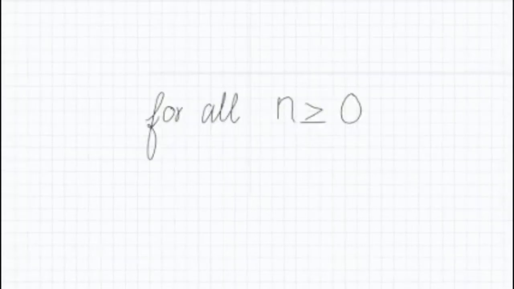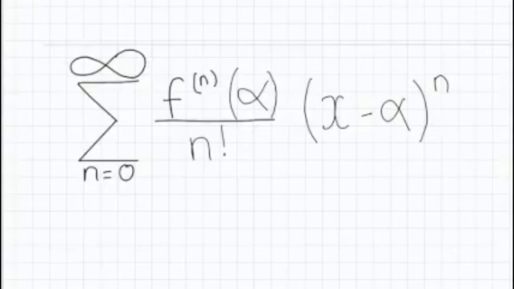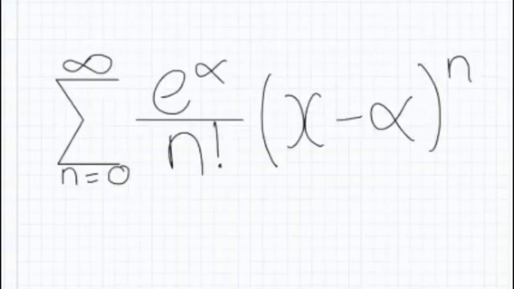If we take our Taylor series formula, the sum from n equals 0 to infinity of the nth derivative at alpha over n factorial times x minus alpha to the n, we can now replace our derivatives with e to the alpha. That's just the derivative evaluated at alpha. So we end up with a slightly simplified series: the sum from n equals 0 to infinity of e to the alpha over n factorial times x minus alpha to the n.